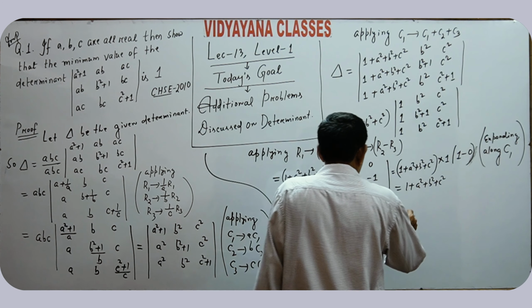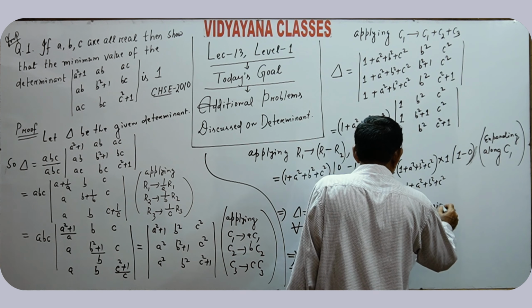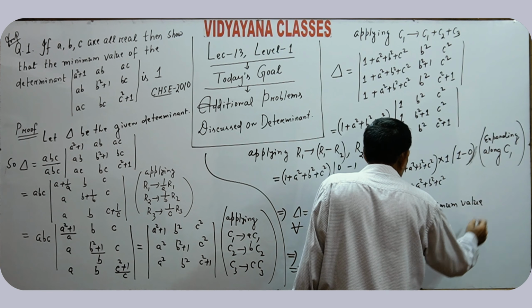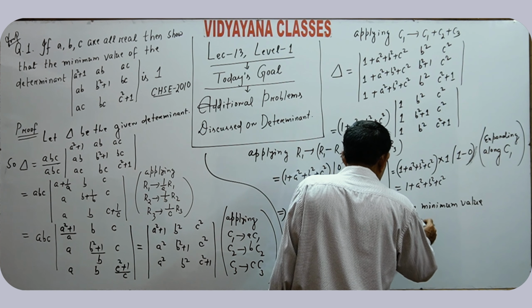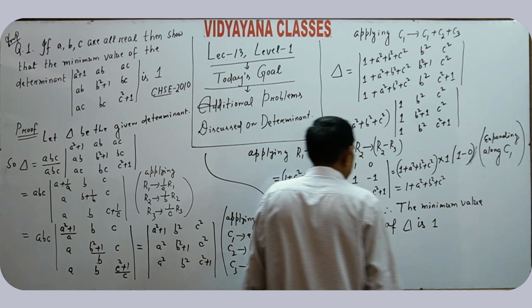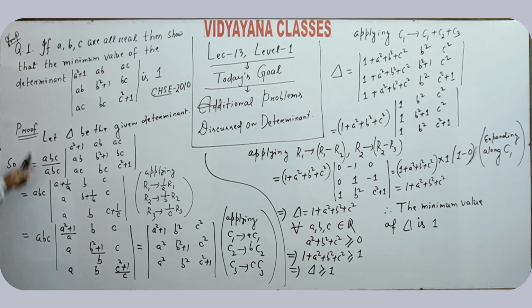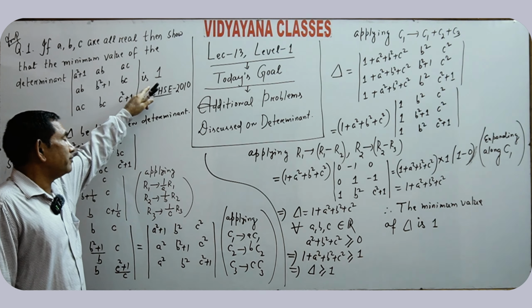Therefore, the minimum value of del is 1. Clear? So the minimum value of the given determinant is 1.